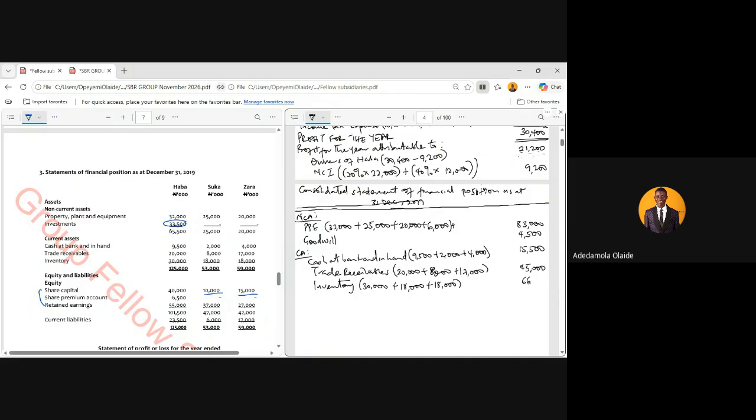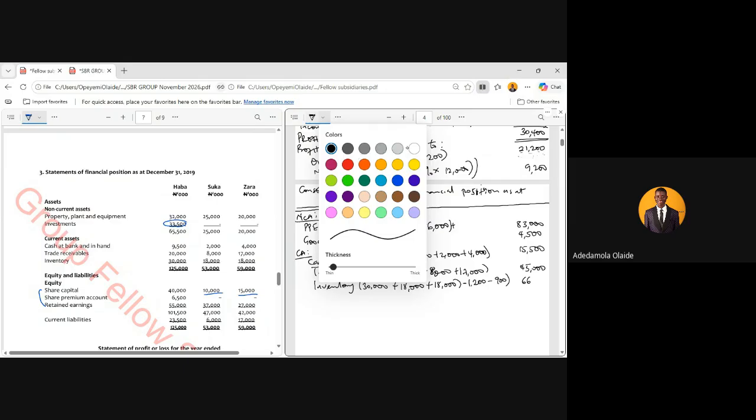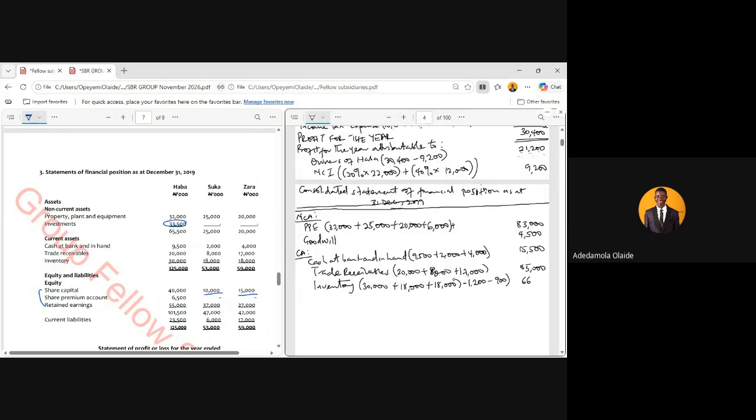Oh, sorry. For the inventory, we have unrealized profit. So we need to take care of the unrealized profit, which is 1,002,900. If we take that out, that's 2001. That will be 63,900.